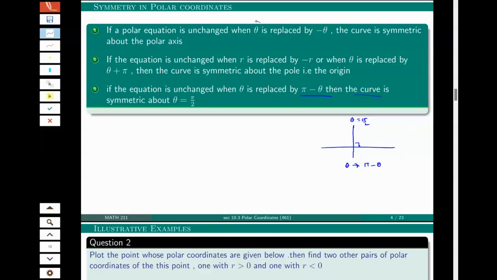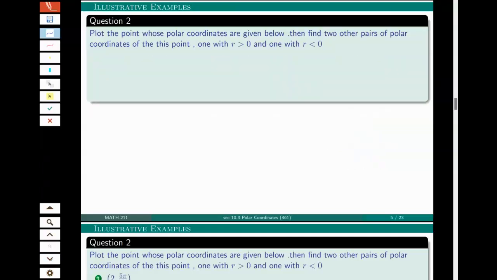Again, to summarize: if we replace vector by minus vector, symmetry about the polar axis. If we replace vector by vector plus pi, symmetric about the pole, which is the origin. And if we replace beta by pi minus beta, then it is symmetric about the y-axis, which is beta equal to pi over 2. These are three symmetry equations.